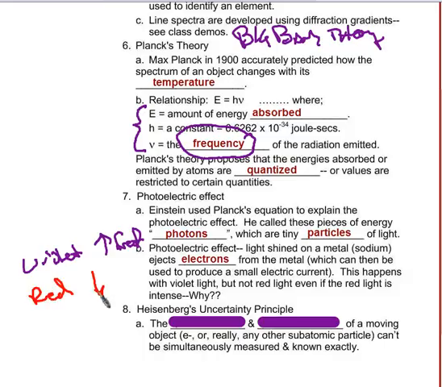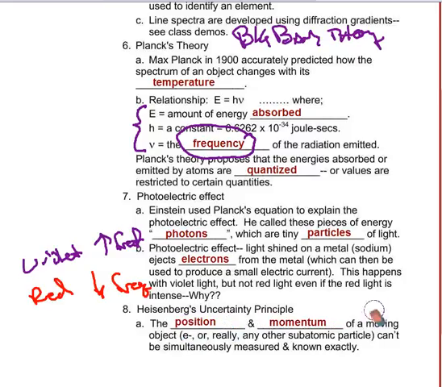Red has a much lower frequency, which means that violet light contains more energy, and that's going to cause the electrons to eject from the metal rather than a red light, which won't. Okay. It also brings us to Heisenberg's uncertainty principle.